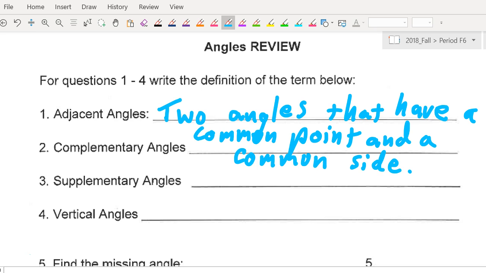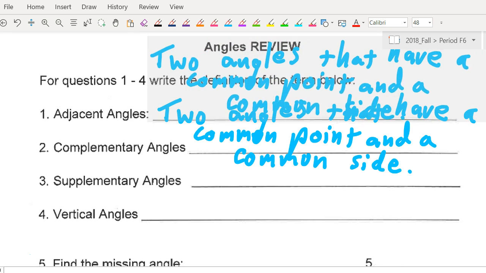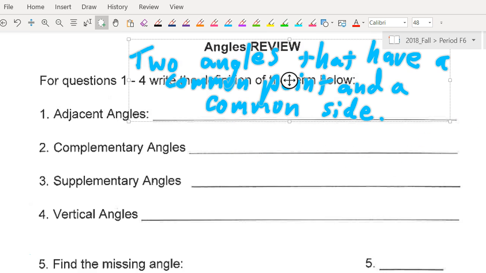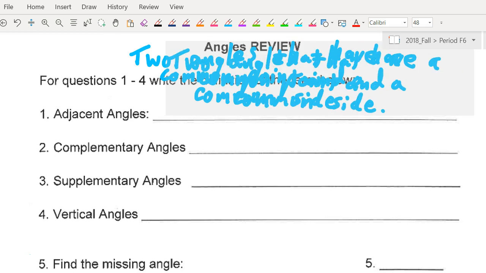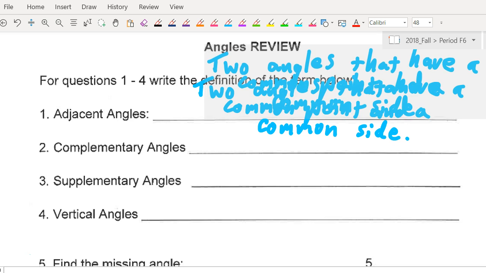Right? Excelente. And now the point is called a vertex, but we're not really doing geometry that much, so vertex. Everybody say vertex. Good. Vertex just means the point of an angle. That's it. Not that fancy.